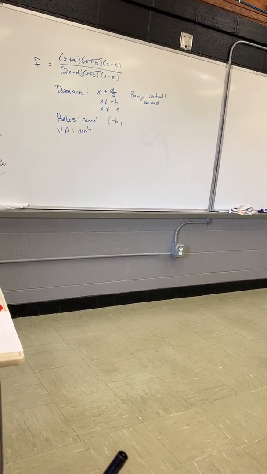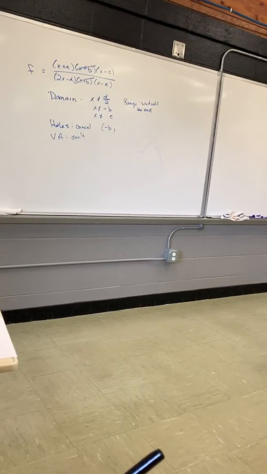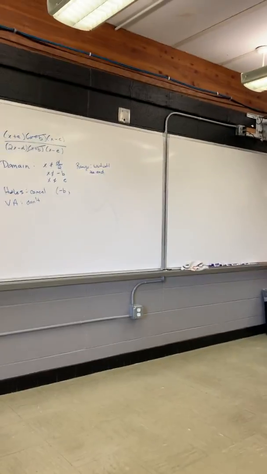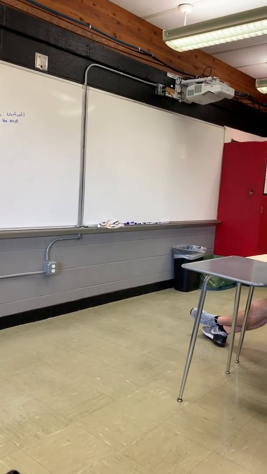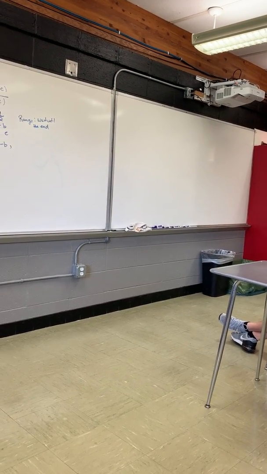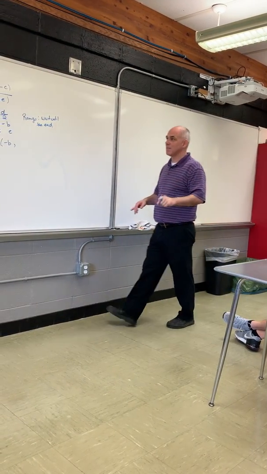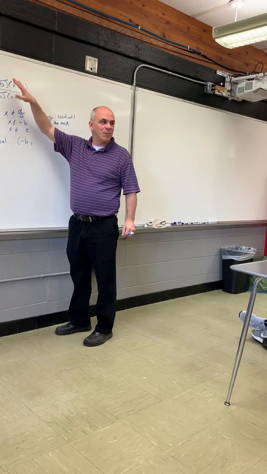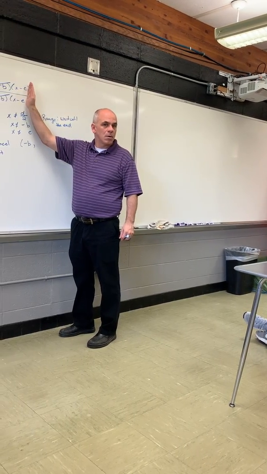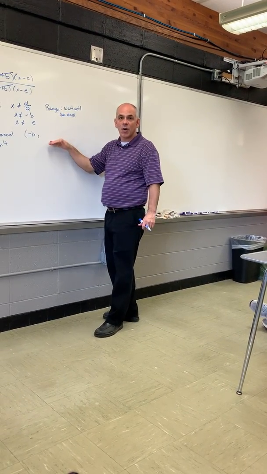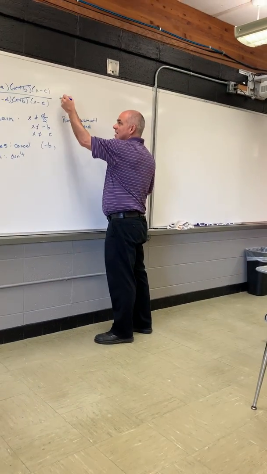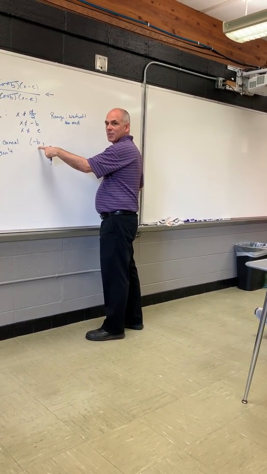Okay. The reason I can't put negative b into the original function is because I get negative b minus b, which will give me a 0 on the bottom. But now that I've canceled that factor on the bottom, substituting negative b is no longer an issue. So the y value of the hole is this evaluated at negative b.